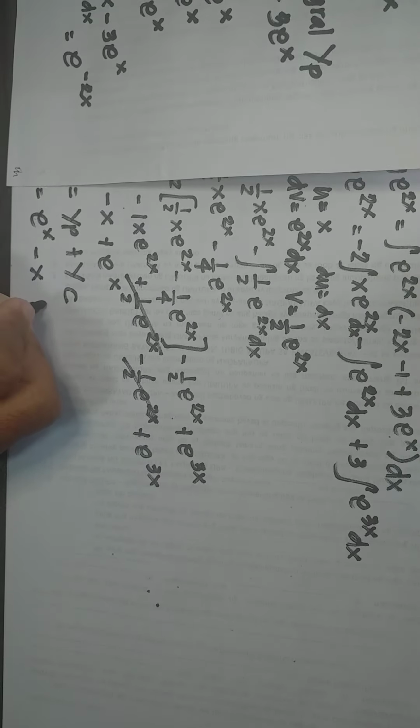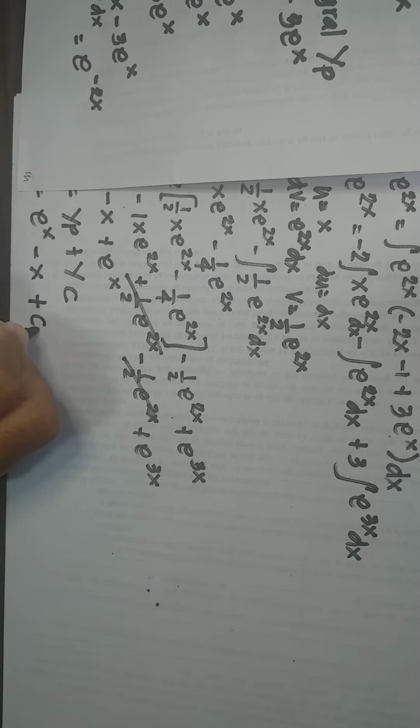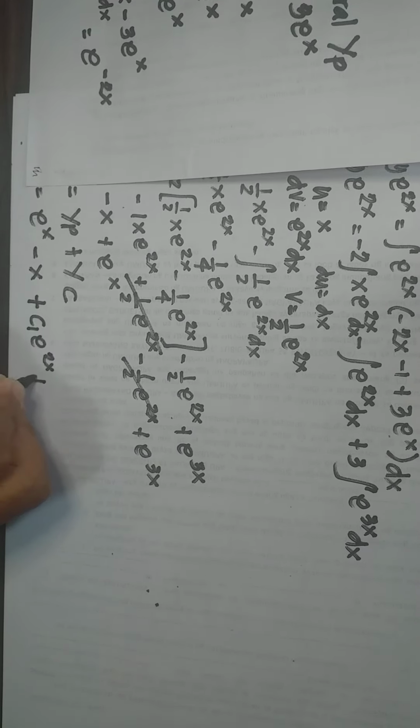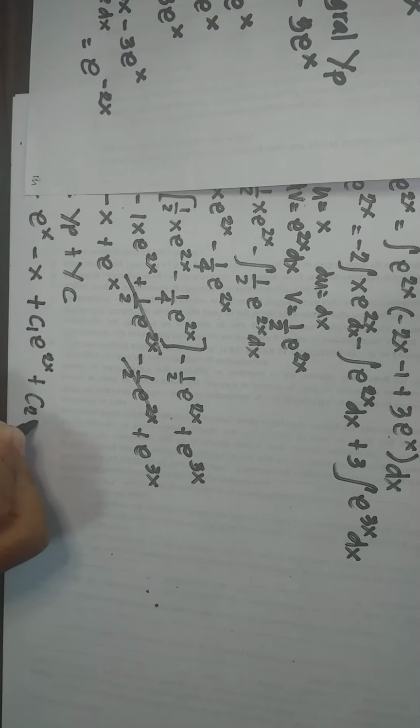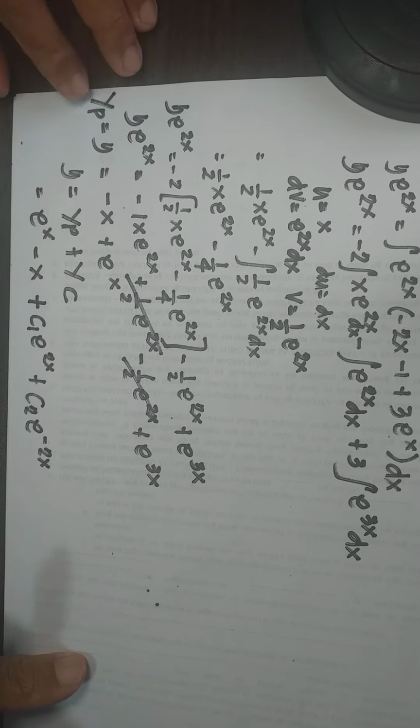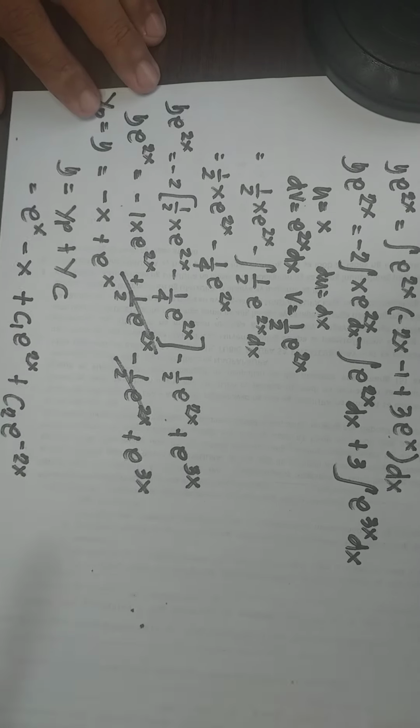So therefore we have plus c sub 1 e to the 2x plus c sub 2 e to the -2x. And this will be the solution for example number 1 of method number 1. Okay? So that'll be for example number 1.